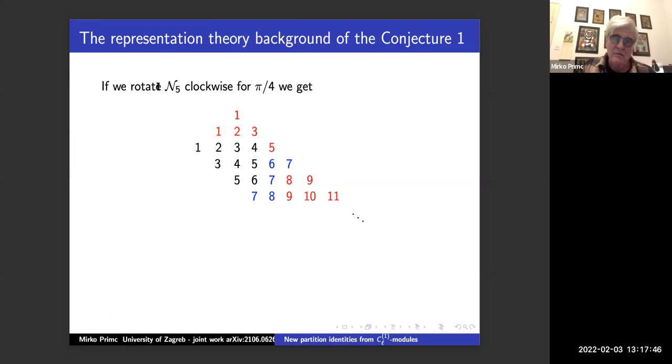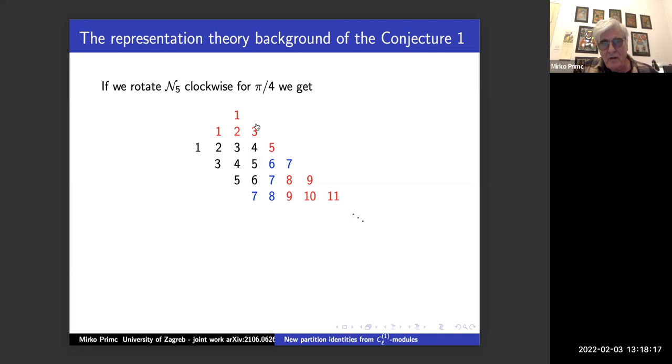So if we rotate in our example, N5 clockwise for pi fourth, we get a slanted picture of our N5. So what was vertical, now we see slanted. It's 1, 1, 1 at the beginning, and then 1 diagonal becomes horizontal, and we go adding numbers 1, 2, 3, 4, 5.